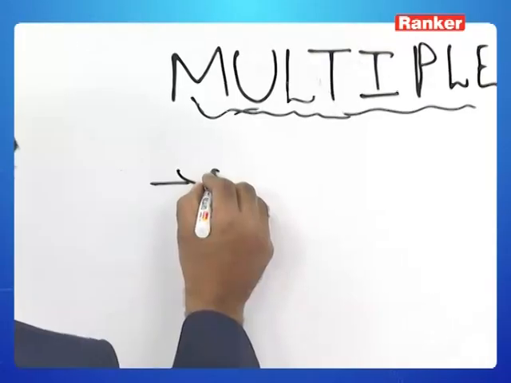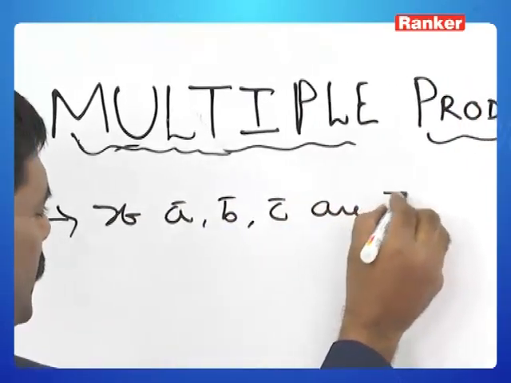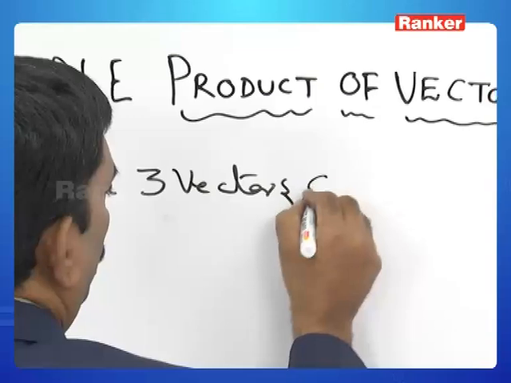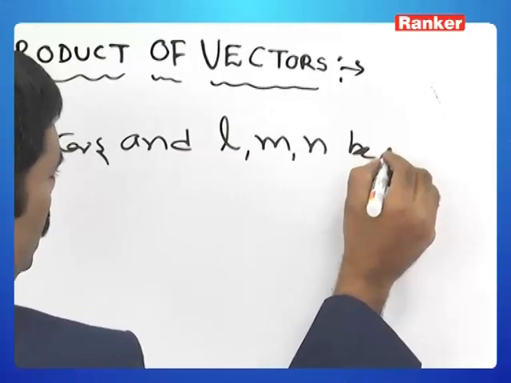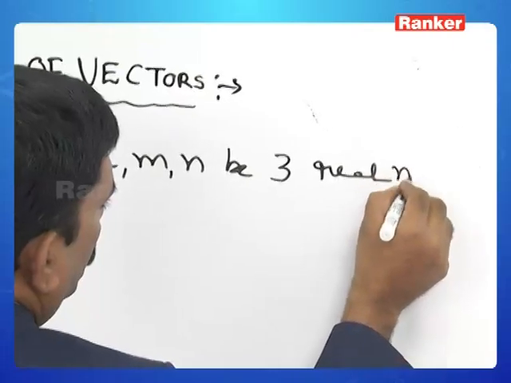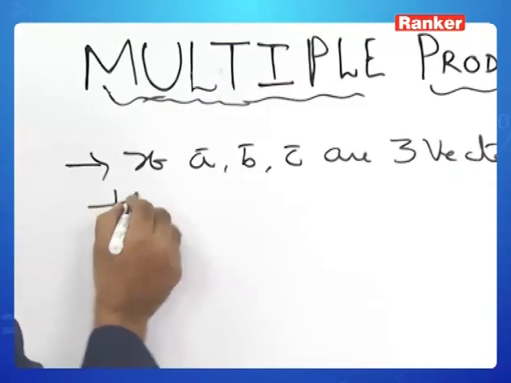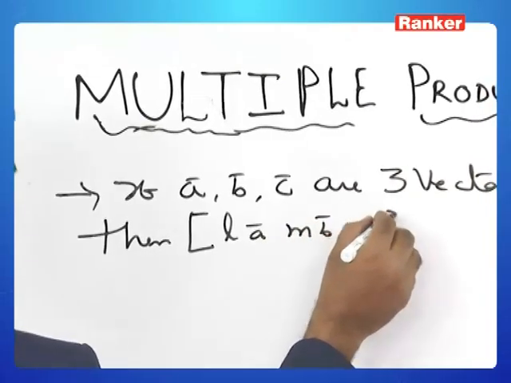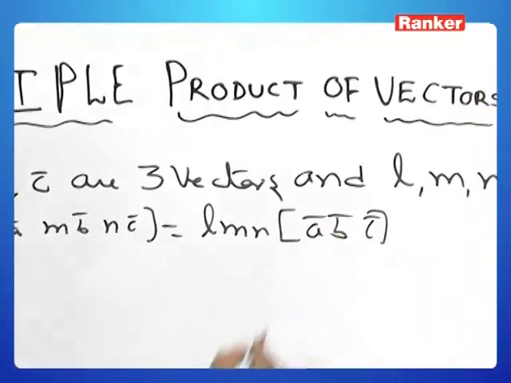Next, note that if A bar, B bar, C bar are three vectors and L, M, N are three real numbers, then I can write box of LA bar, MB bar, NC bar is equal to LMN into box of ABC.